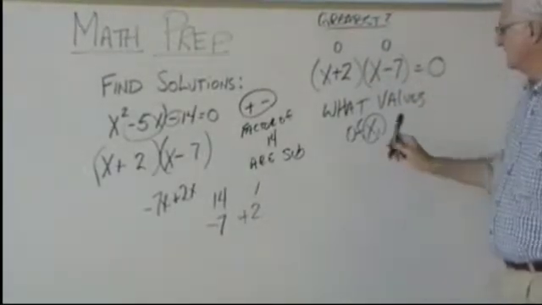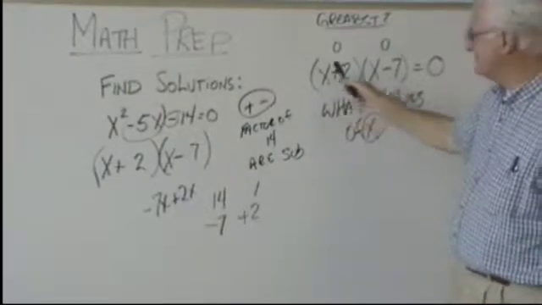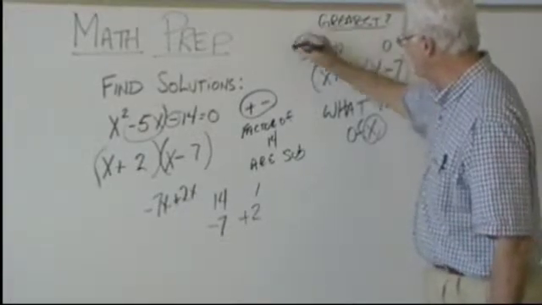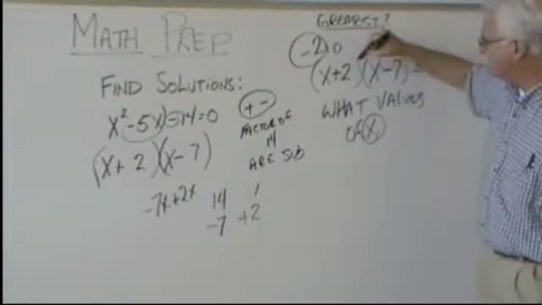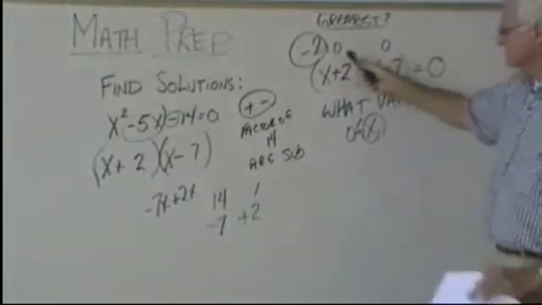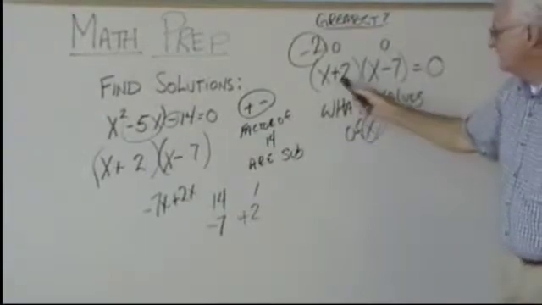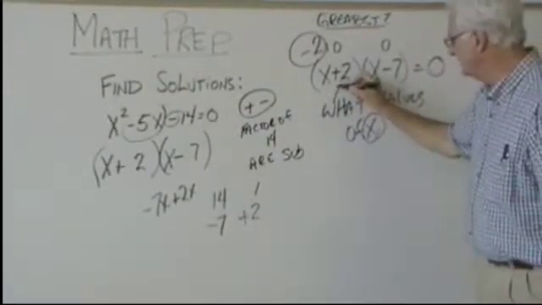Here's what they want. What plus 2, what value of x would give me 0? Yeah, you already got it. Minus 2. If x equals minus 2, then minus 2 plus 2 is 0. 0 times that is my 0. One of my solutions is a negative 2. Not plus 2.